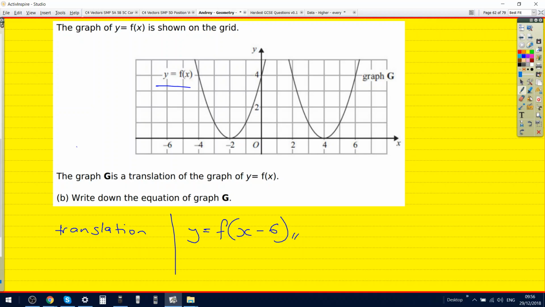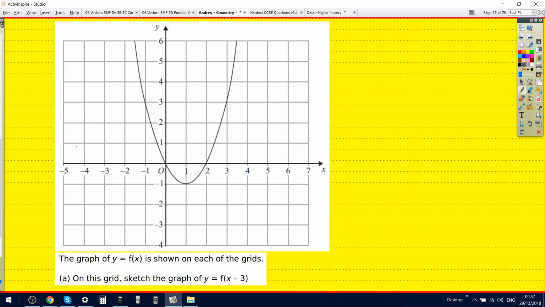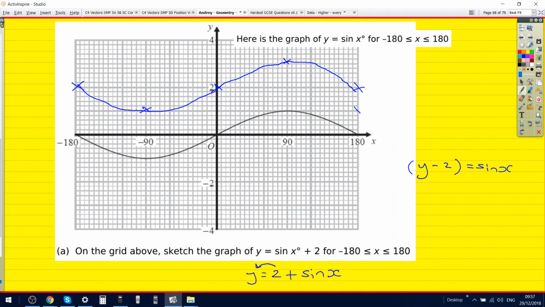So we started from the one on the left, and the new one was the one on the right, graph G. Was that previous equation x minus 3? Yeah. So would you add 3 on the x coordinates? Yes, that's it. Just add 3 to all the x coordinates, because it's reverse.